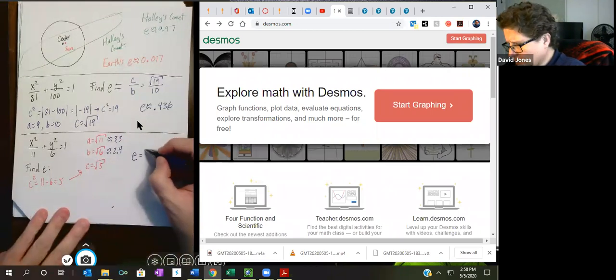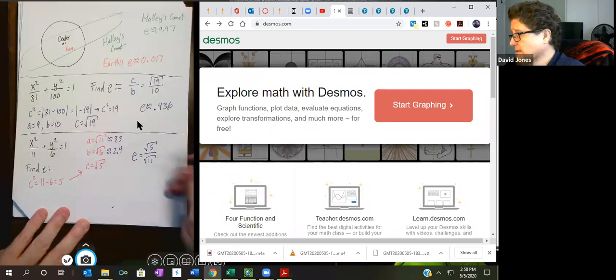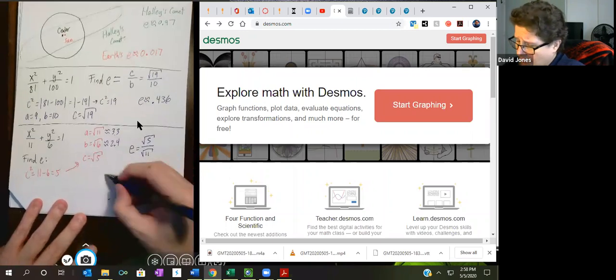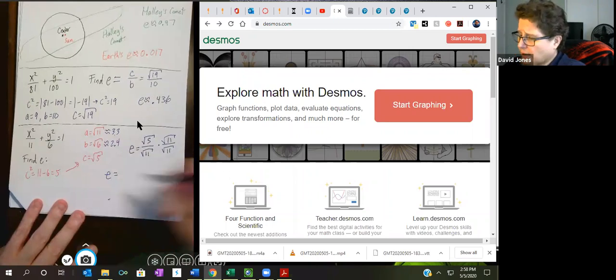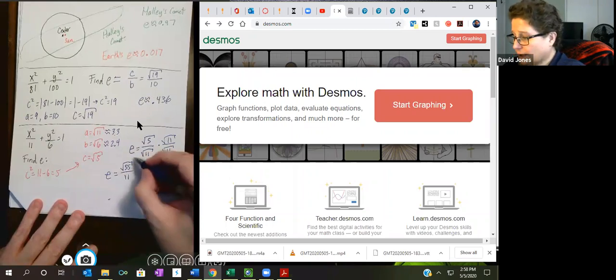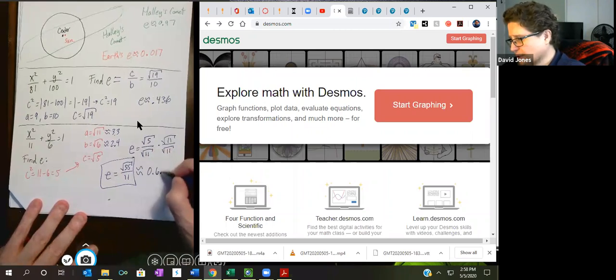I'm going to put C over A. And if we rationalize that, we multiply top and bottom by square root of 11. This is square root of 55 over 11. That's the accurate one. If you do an approximation, you should get about 0.674.